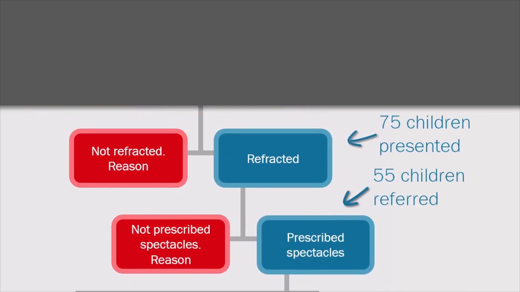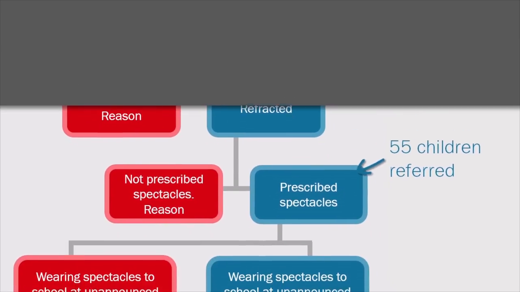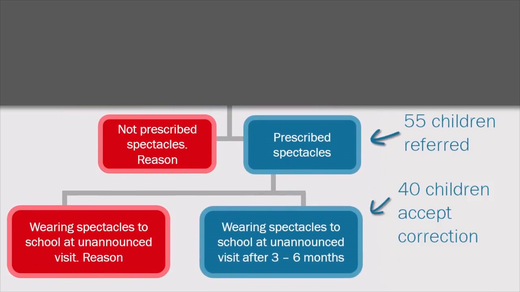55 children out of the 75 that presented are referred on to be prescribed spectacles. The percentage of correct referrals by teachers is calculated by dividing 55 by 75 and multiplying by 100. This gives a 73% correct referral rate. This is good, but we should also establish why all the children did not come. 40 children are still wearing their spectacles 3 months later.